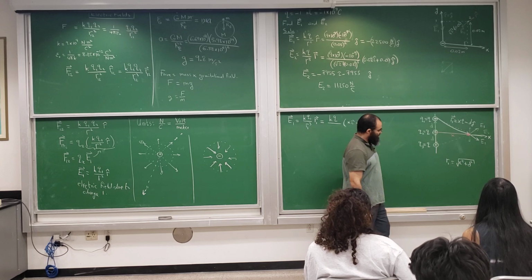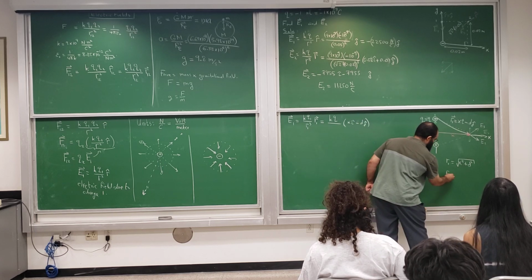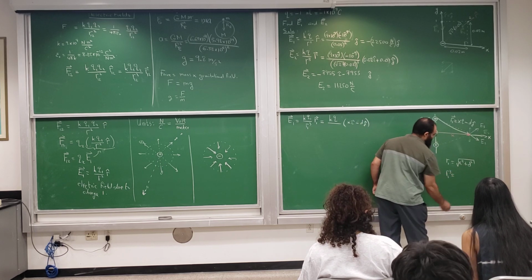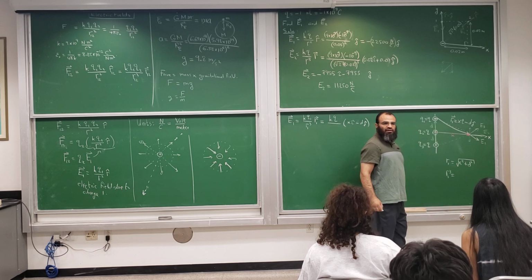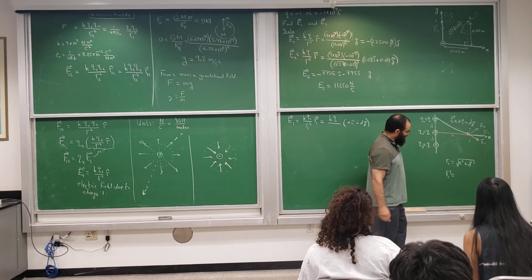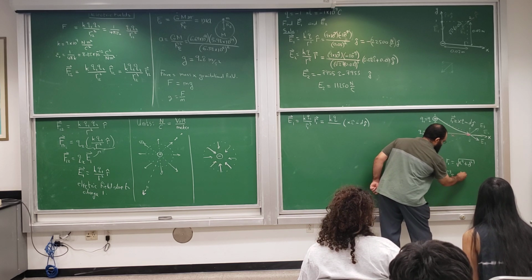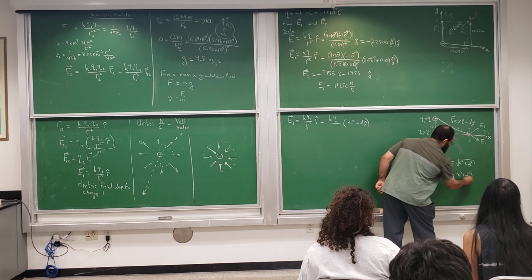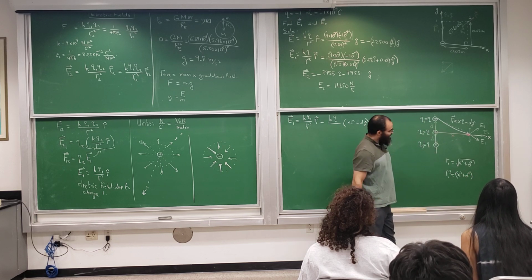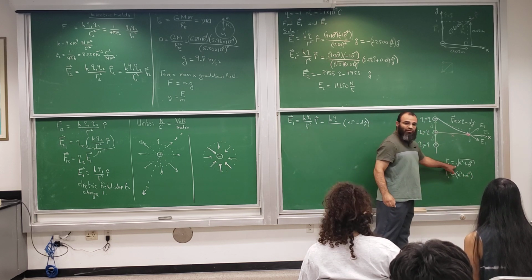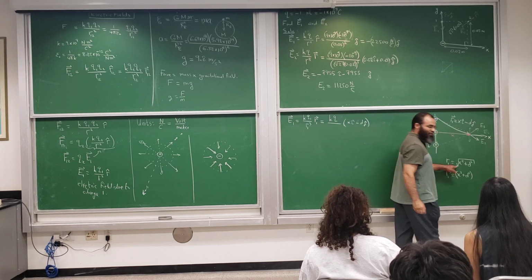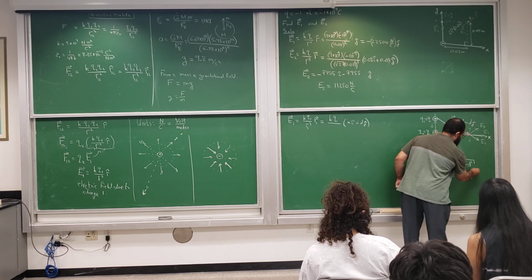So what would R1 cubed be if I cube this vector, what do I get? To what power? It's going to be x squared plus d squared to the 3 halves, because the square root is to the 1 half. So when you cube it, you get to the 3 halves.